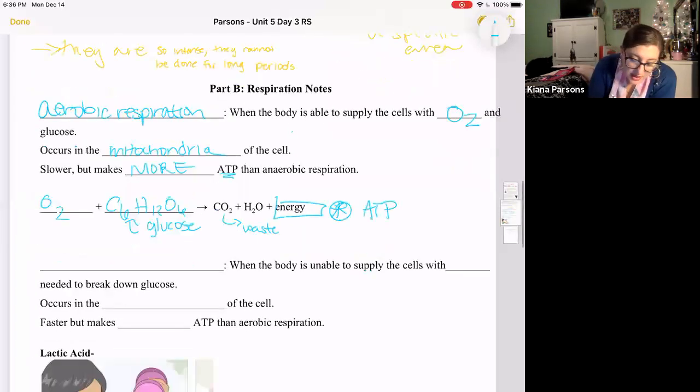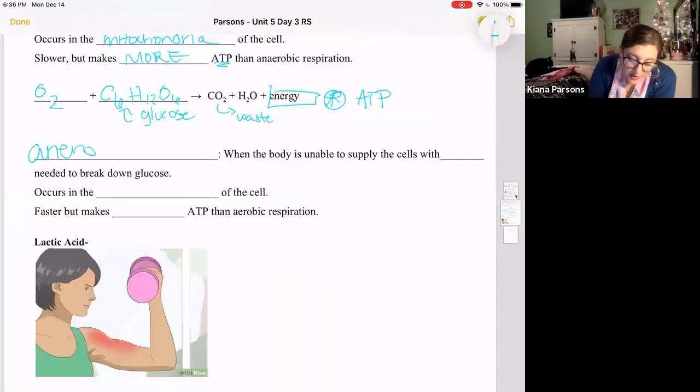And we contrast that with anaerobic respiration, which is when the body is unable to supply the cells with the oxygen needed to break down glucose, right? So we're not able to get enough oxygen there quickly enough to supply the muscle cell with enough O2 to complete cellular respiration in time for all the ATP that is needed for that effort, right? So it's something that's high intensity, where your muscle cell needs ATP extremely quickly.